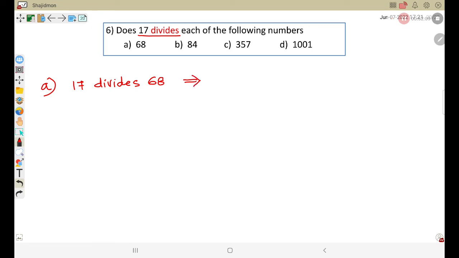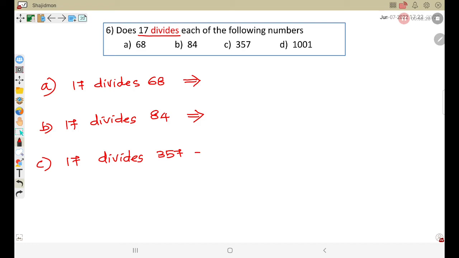B part of the question, does 17 divide 84 or not? Okay. C part, same, does 17 divide 357 or not? Okay. D part, does 17 divide 1001 or not? This is the D part of the question.